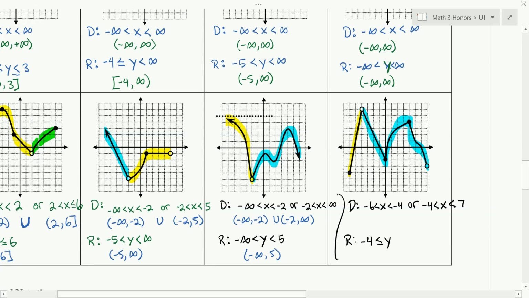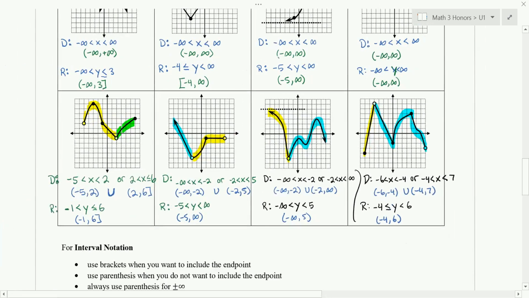Equals, good. We need that equals. And then the highest is, I put equals? Okay. So -6, -4, union, -4 to 7, and -4 to 6. Good job. Good eye. Oh, so right here, you guys didn't tell me you should have an equal sign there.